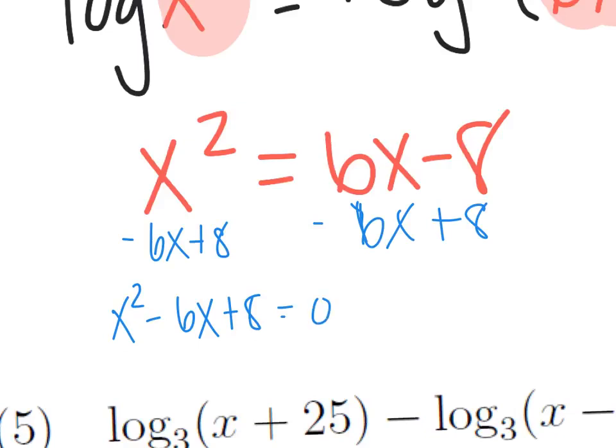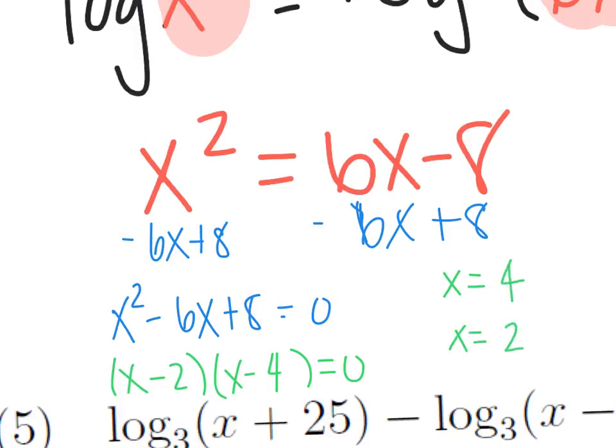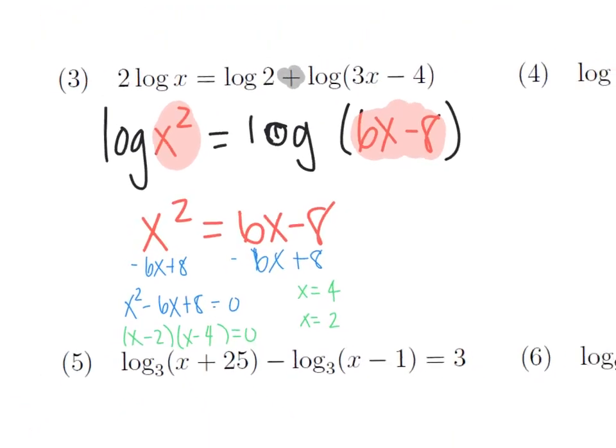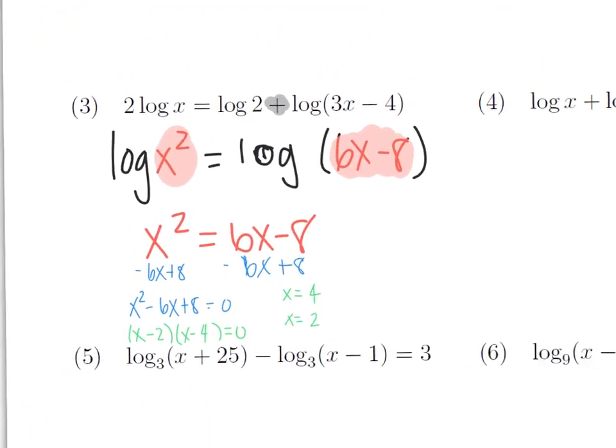How does that factor? So I end up with 2 answers of what? Positive 4 and positive 2. And then we plug those back in and see what happens. I think they both work, actually. I don't think either one of them is extraneous.